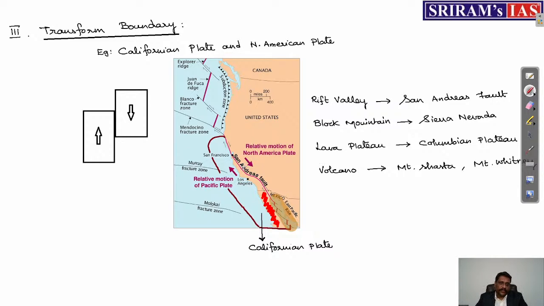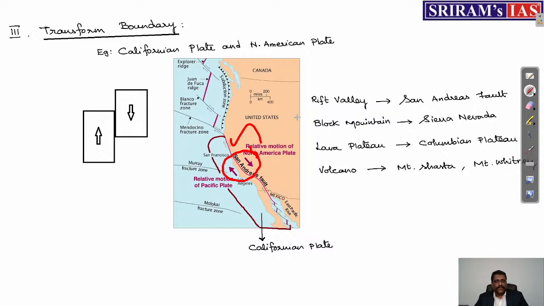Californian Gulf. And the state in the USA, what do we call it? California. So where is the Californian plate? Very simple, all of California: the Californian state, Californian Gulf, Californian Peninsula.